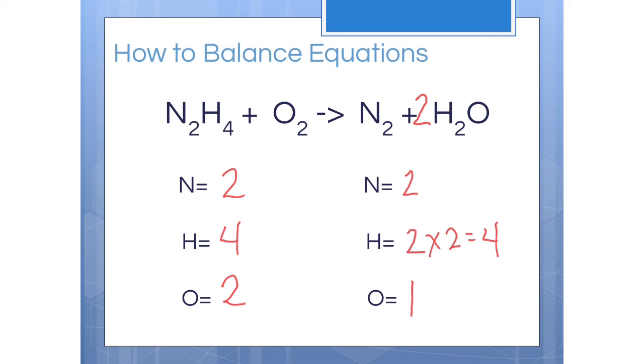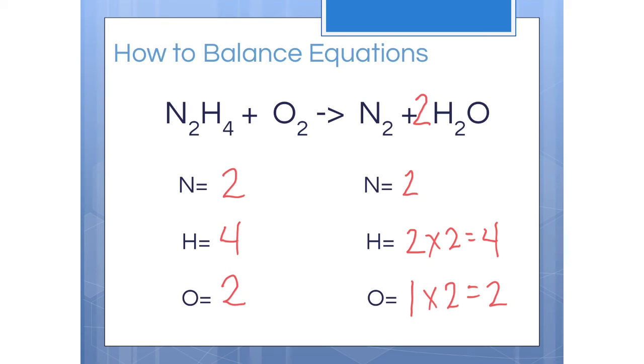And then that also gives us 2 oxygens. We're multiplying the 2 by that 1 oxygen, that gives us 2 oxygens. So just simply by putting this coefficient here, we have balanced the whole equation. Now we have 2 oxygens on both sides, 4 hydrogens on both sides, and 2 nitrogen on both sides.